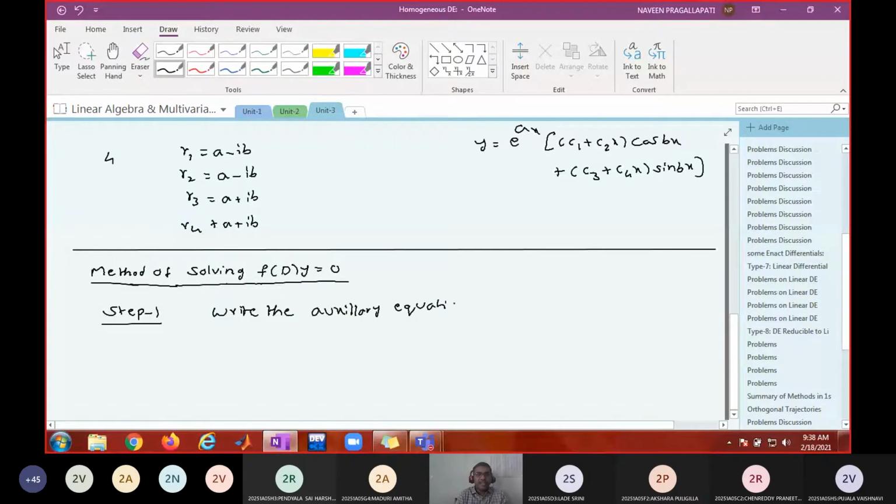What do you mean by auxiliary equation? Replace D with r, then you will get f of r equal to 0, which is an nth degree polynomial equation in r.